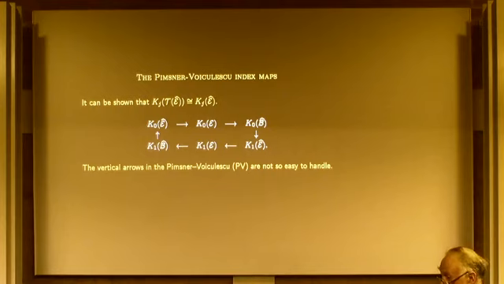One of the problems with this particular one is that the vertical arrows are given by index maps, and they're rather more difficult to handle than the ones which are horizontal, which are essentially fairly straightforward.